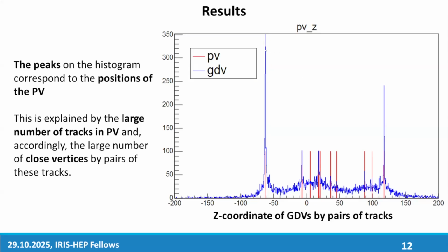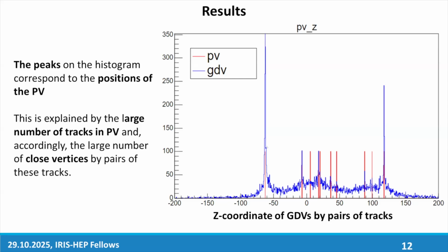The blue line is the GDV algorithm, which I wrote, and the red one is PV. And we can see that the location of PV corresponds to the location of peaks, which is expected, because as I said, there are a lot of close peaks, a lot of close vertices, which just correspond to one vertex. So this is why we need this merge stage to make them one.